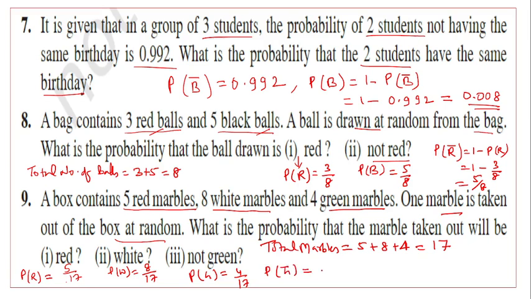So it will be equal to 1 minus the probability of green, that is 1 minus 4 by 17, which is equal to 13 by 17. So this will be our answer.